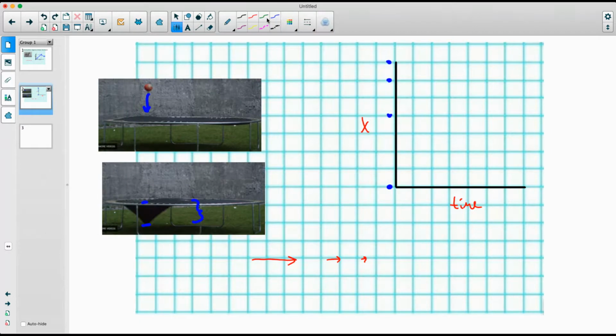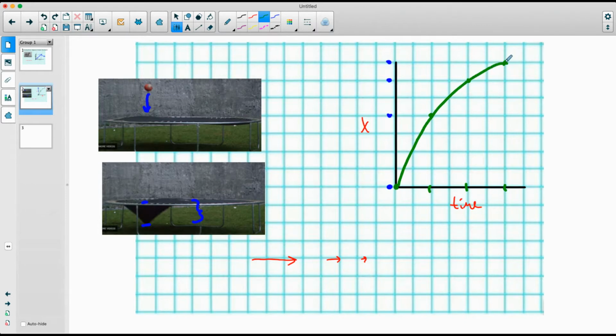Now we're going to make our graph from that. So at time 0, it's right there. At time 1, 2, 3, let's go like that. So at time 1, its position is there. At time 2, its position is there. And at time 3, its position is there. Now, what you might be able to see is that that's not straight at all.